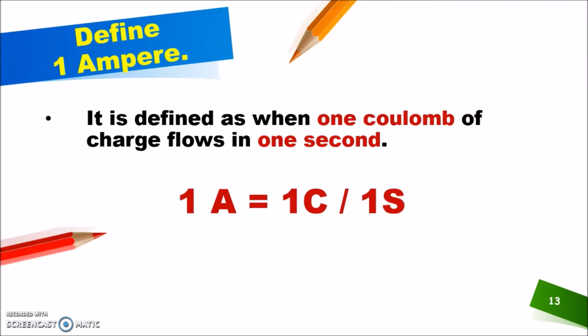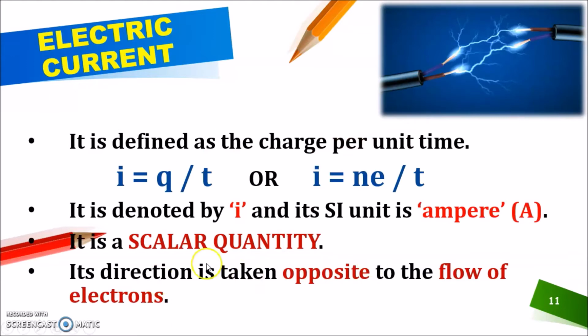Now define 1 ampere. This is the most important question for 1 mark. How can we define 1 ampere? If we put the value 1 here and 1 here, it means 1 coulomb and 1 second. We will get here 1 ampere.